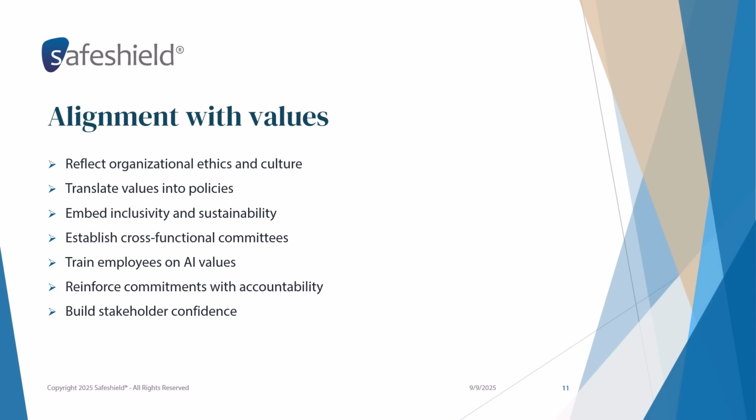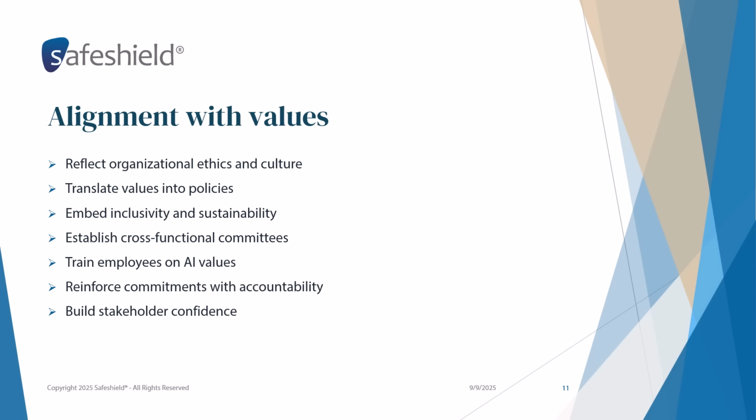For others, customer trust or innovation. These values must then be translated into concrete AI governance policies. For example, if an organization values sustainability, its AI governance might include guidelines for reducing energy consumption in model training. If inclusivity is a priority, fairness audits and diverse stakeholder engagement become central practices.